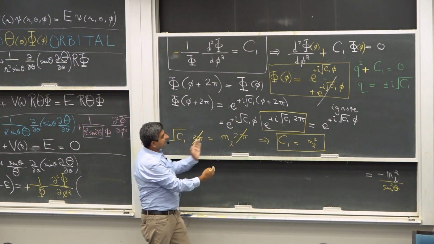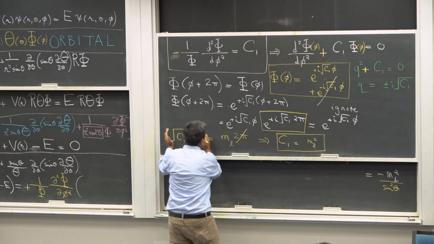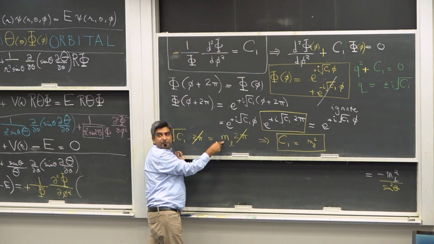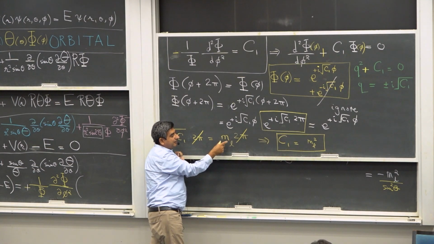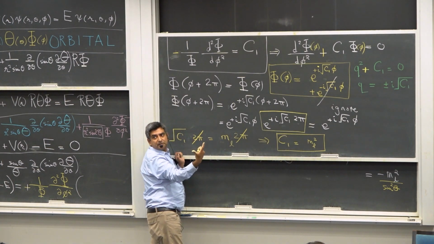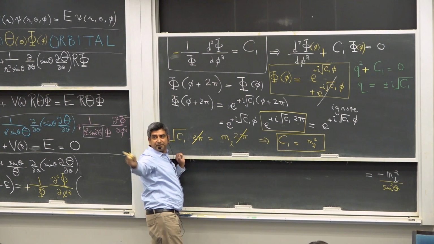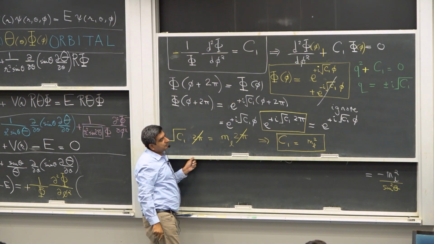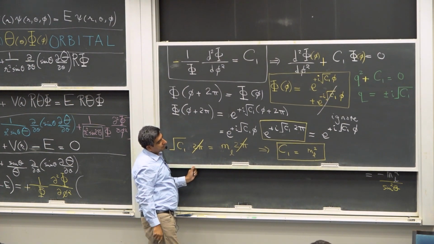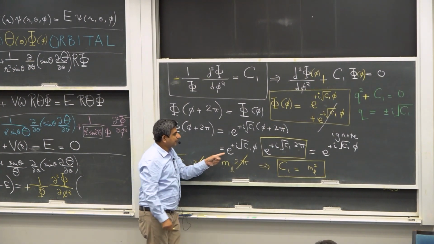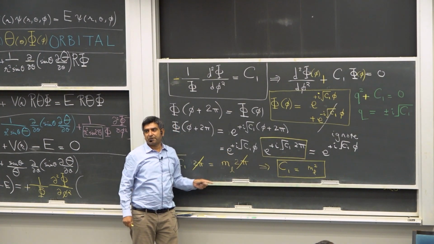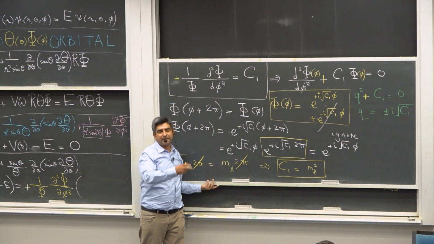So therefore this term must be some multiple of 2 pi. Now that multiple is a factor, I call it ml. That's where it's coming from. ml can be positive or negative, because this could be minus 2 pi, minus 3 pi, minus 6 pi, minus 8 pi, and so on.